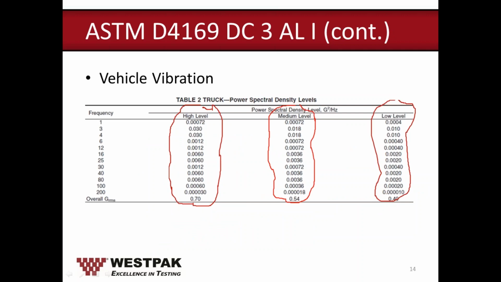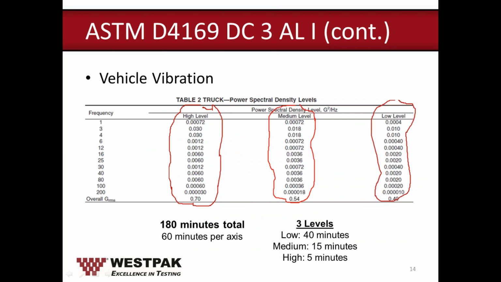Vehicle vibration. I mentioned earlier this particular customer only wanted the truck spectrum. Vehicle vibration is 180 minutes total, evenly divided into 3 axes, so 60 minutes per axis. There are 3 levels, or 3 spectra, for the vehicle vibration. Within the 60 minutes per axis, 40 minutes is subjected to the low level intensity as indicated here.